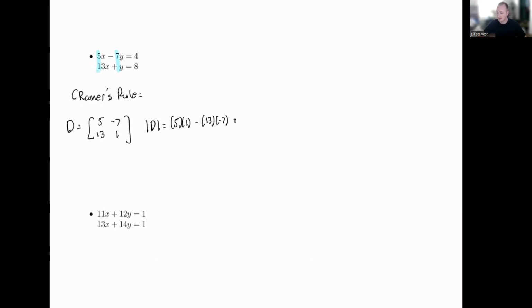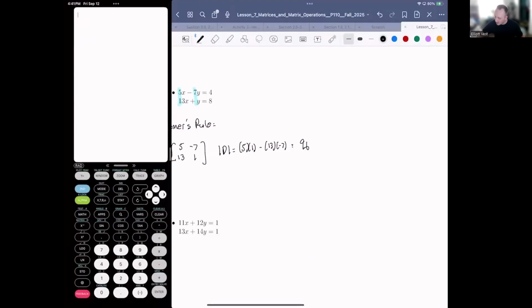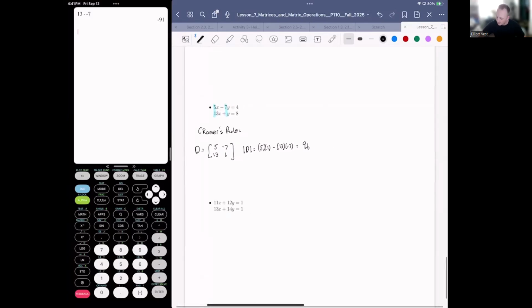Oh my gosh. I don't know what 13 times negative 7 is off the top of my head. Plus 91. What is this? 96? I don't know it off the top of my head, so I'm not going to be a hero here, right? 13 times negative 7 is negative 91. Oh, so 5 minus negative 91 does become 96. Okay, we're good here.